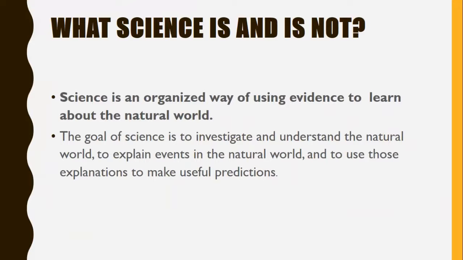When the same results kept repeating, they created explanations for phenomena that happen in the world. So the goal of science is to investigate and understand the natural world, and to explain events in this natural world, and use those explanations to make useful predictions. Not just regular predictions, but useful ones.